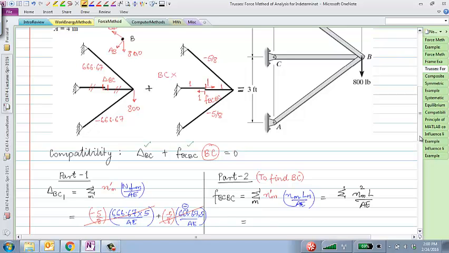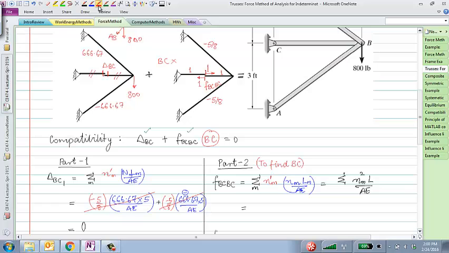And if you do that, you should get minus 5 over 8 times minus 5 over 8 times 5 over AE, and I'll take that entire thing and multiply it by 2, because there's this leg and this leg. Usually you would do this with a table, right? But there's only 3 members here. I don't really need to make a big table here.